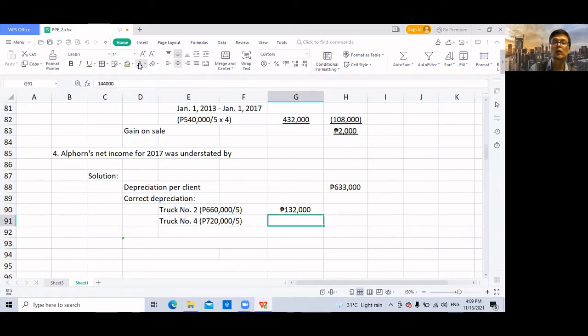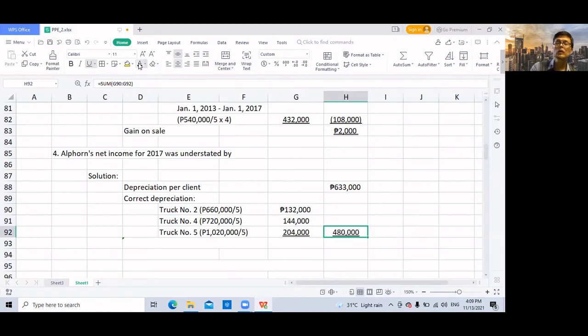For 700 divided by 5 years. And truck number 5 for 1,020,000, divided by 5 years, so 204,000. So this is 480,000 in all.